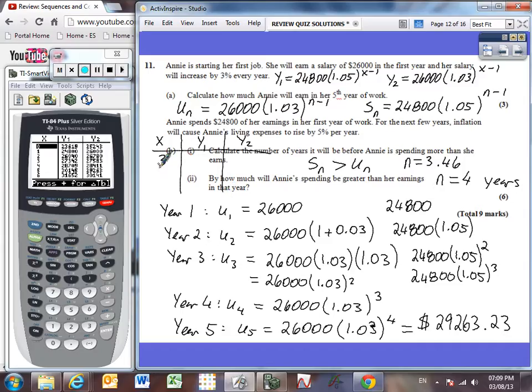At row 3, after 3 years, my spending money still is not greater than my earning money. So you always have to put the row before the passing point. And it was at the end of the 4th year where finally my spending money became greater than my earning money. And that's why, again, the answer is 4 years.